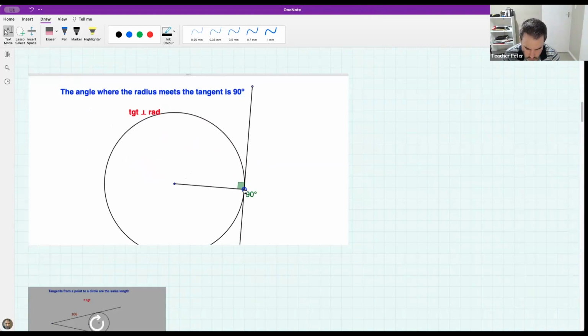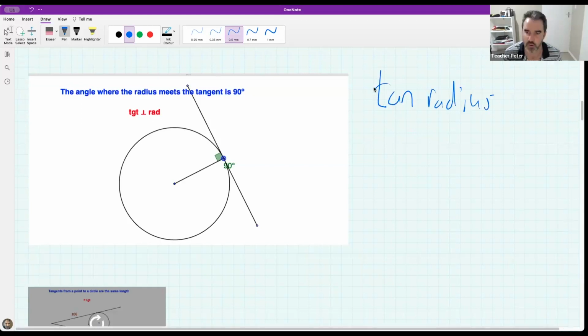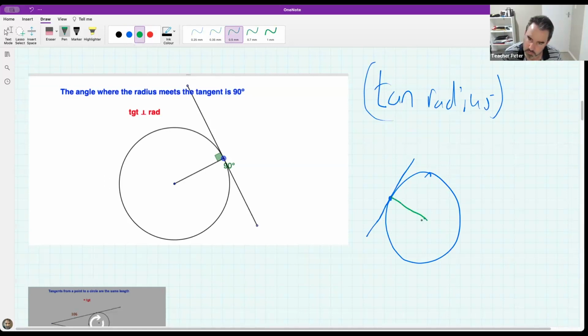And so that is an important idea. It's called the tan radius theorem, and it's going to come up in the second half of today. But that fact can be very, very useful, that whenever you have a tangent to a circle, so it touches it in one point, it will be perpendicular to the radius.